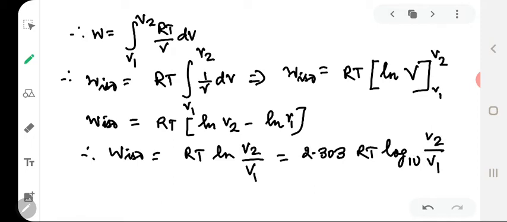This is the expression for the work done during an isothermal process for 1 mole of an ideal gas when its volume changes from V1 to V2 at constant temperature T.